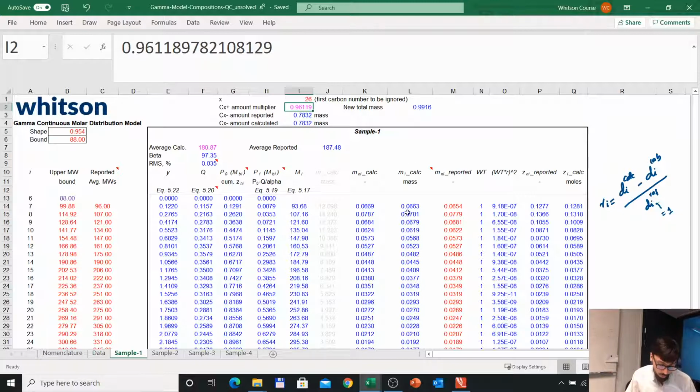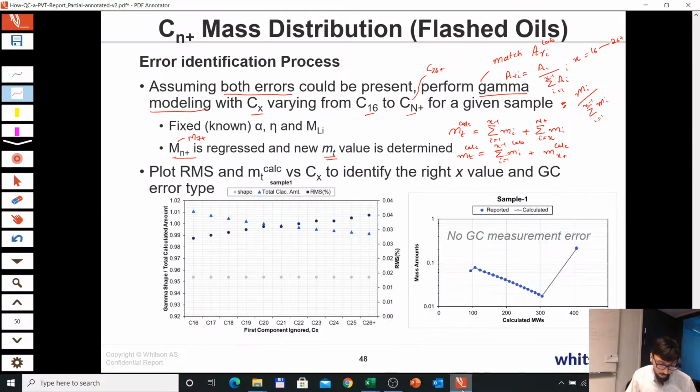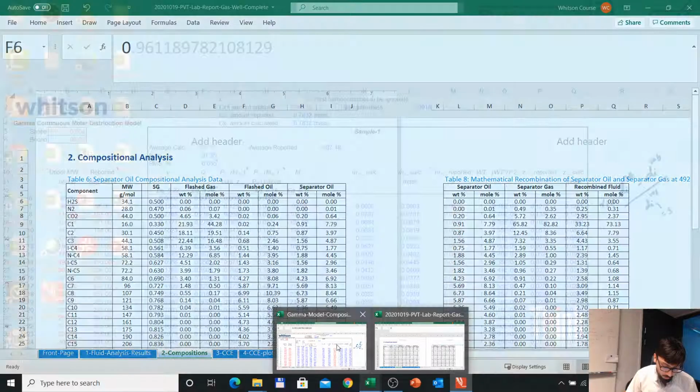To get the new total calculated mass, we have already written an expression here. MT calculated is the sum of all the mass components until x minus 1, which is what we have mentioned here, Cx minus amount. So that's what we know, and then it should have a new calculated Cx plus amount, Mx plus calculated. That's what we are trying to find out here.